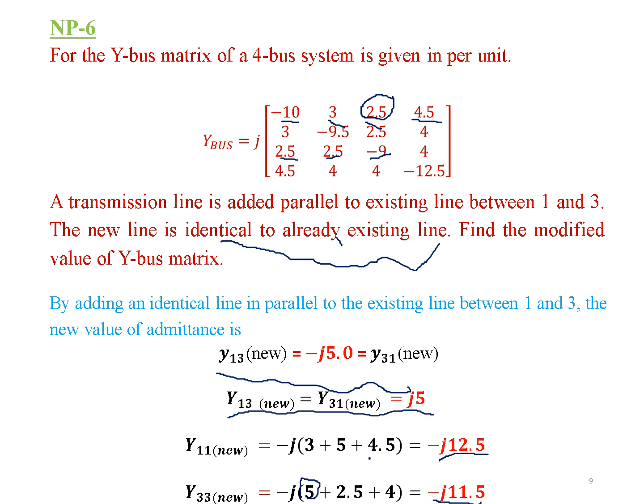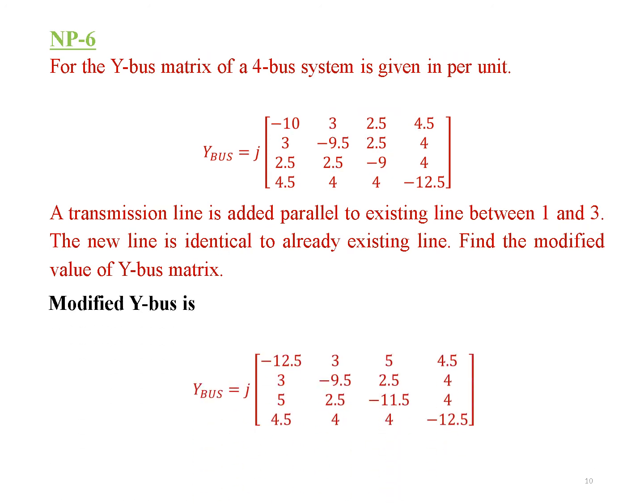So only the elements which are related to bus 1 and 3 are modified: Y13, Y31, Y11 and Y33, and this is the modified form of the Y bus matrix.